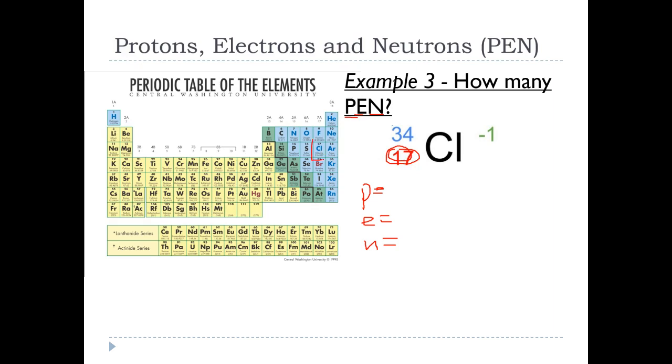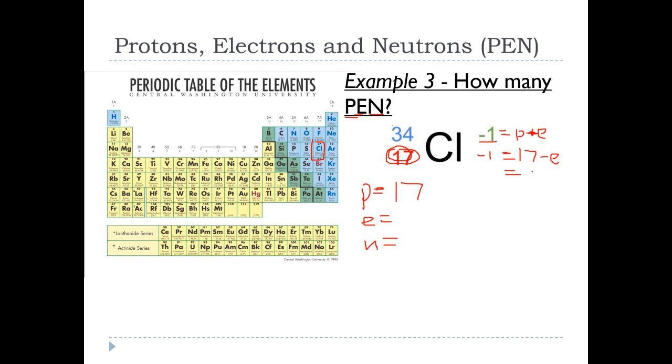So I look on the periodic table for 17 protons. Electrons. In this case, I need to look at the charge. There is a charge. So in this case, we have to remember that this charge was equal to the protons minus the electrons. And that means that -1 is equal to 17 minus whatever the electrons were.